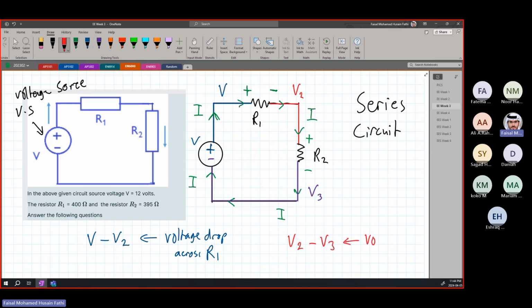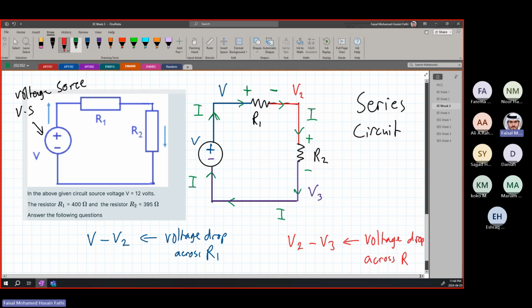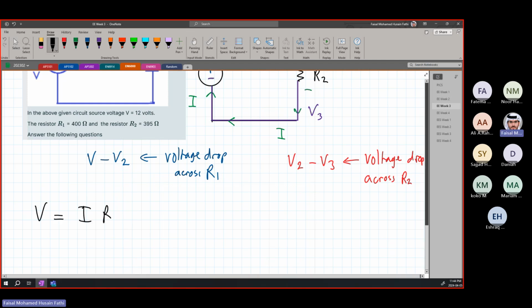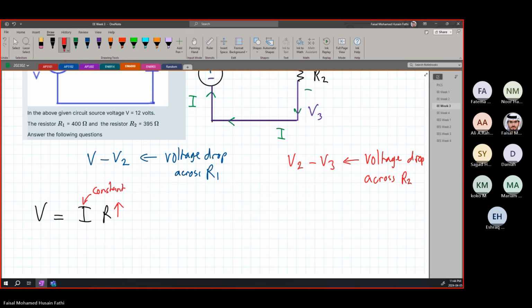This is what they call the voltage drop across R2. What does that mean? It means that the voltage is changing because there is resistance in the way, and the current is not changing. Remember I was saying we have the equation V equals IR. Now I'm saying that I is constant, but the resistance is going up, so the voltage has to go up with it.